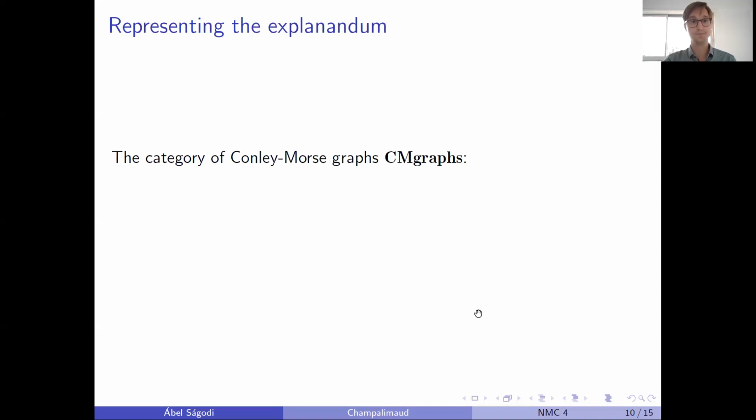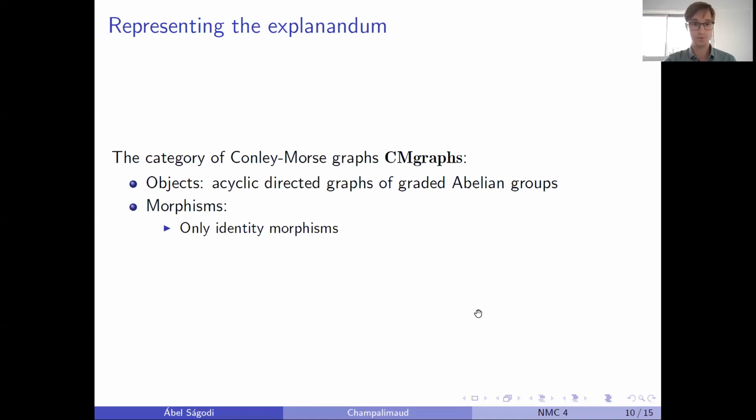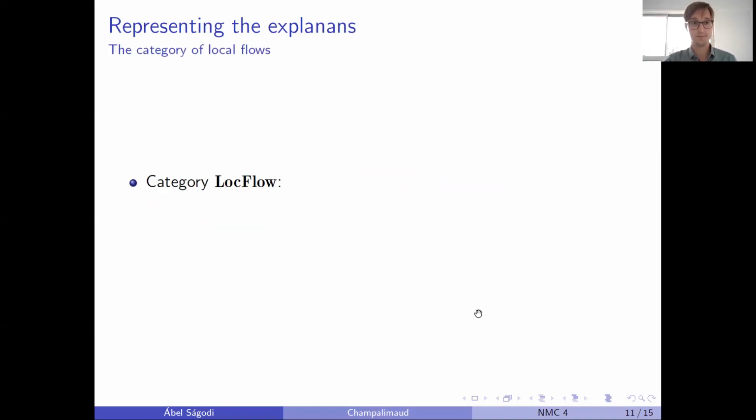We will then represent the explanandum as the category of Conley-Morse graphs, which have as objects the acyclic directed graphs of graded abelian groups, and in which we'll consider the morphisms just to be the identity morphisms.